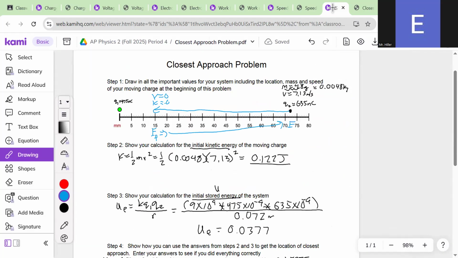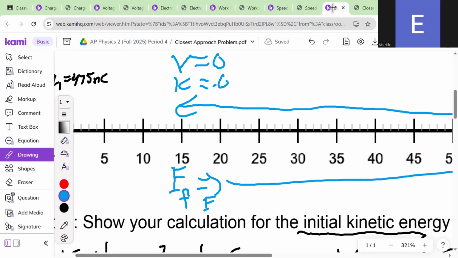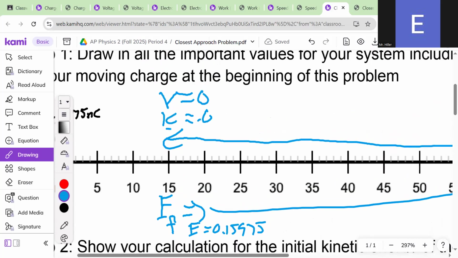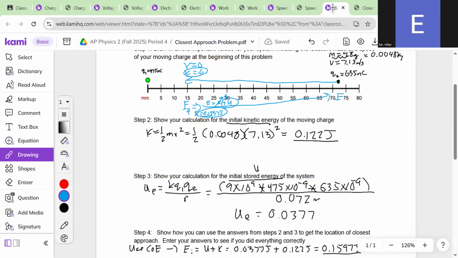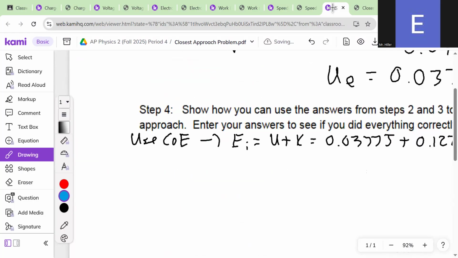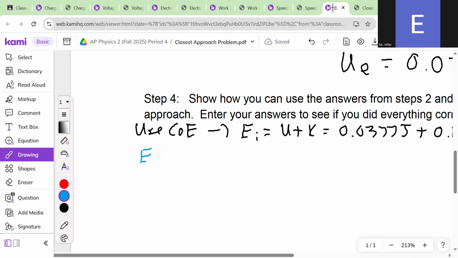However, since there's 0 kinetic energy, and total energy is equal to kinetic plus potential, this total energy is really the potential energy at that location.